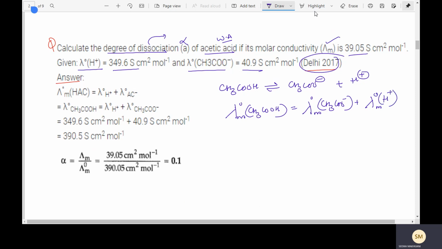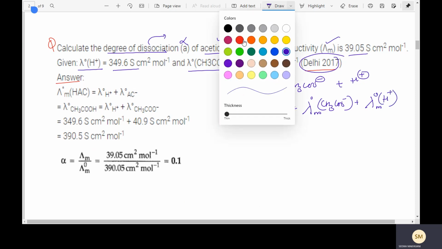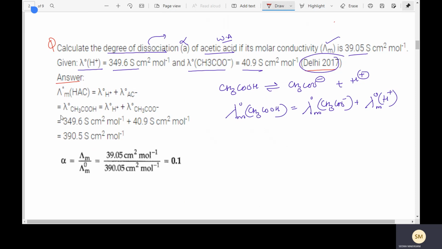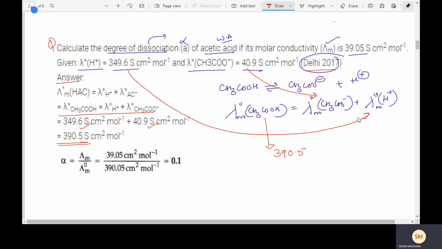As you can see, now these values are provided to you. Acetate ion के लिए ये value डालिएगा, H के लिए ये वाला value डालिएगा, and you will get your limiting molar conductivity of acetic acid comes out to be 390.5 by adding the two values.